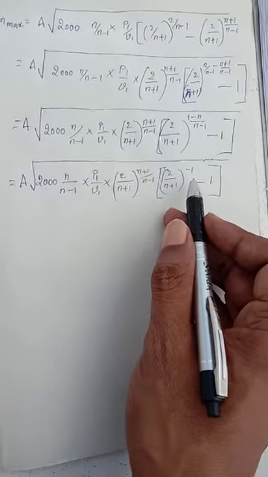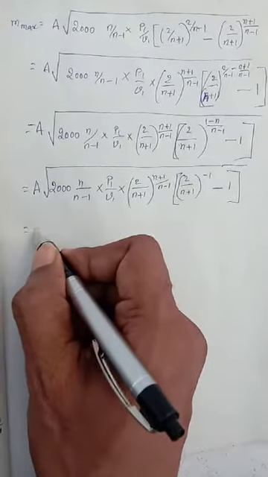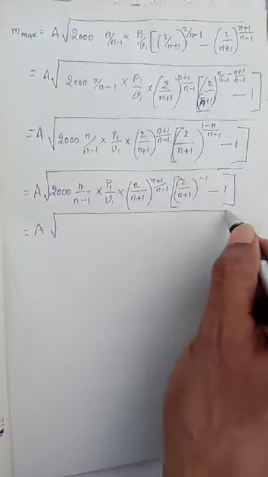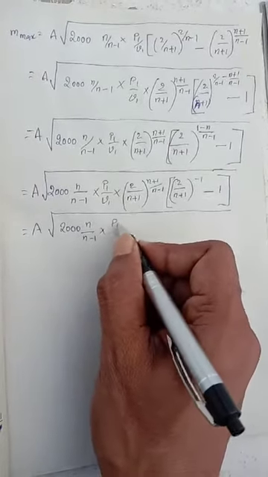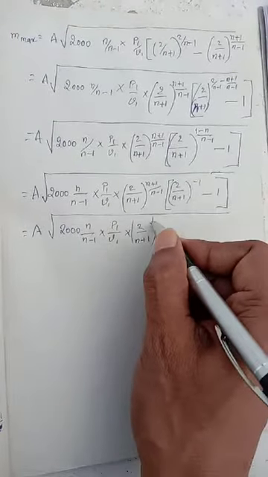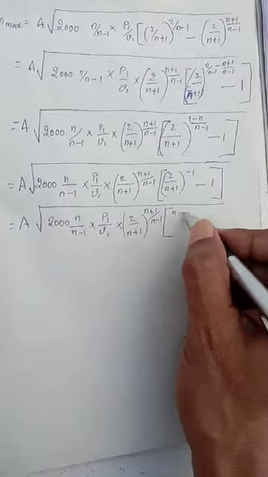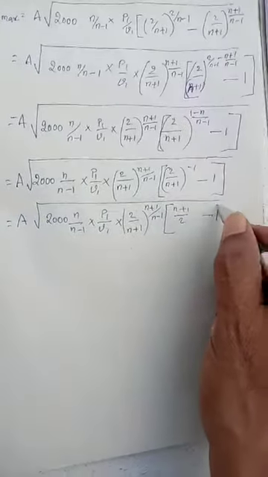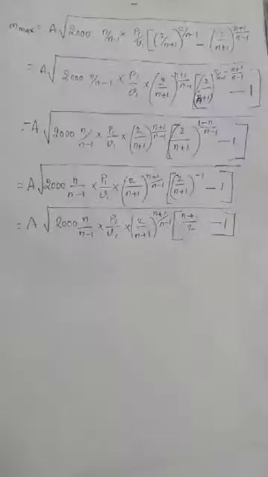Now you can write down the equation. Look at this minus 1, so then I can write reverse in this formula. Minus 1 means it will come reverse. That's why I put it here n plus 1 by 2.